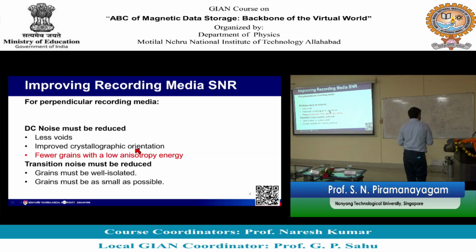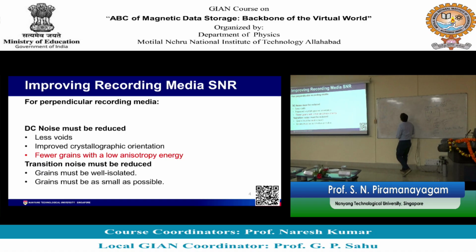In the case of longitudinal recording, you want to make the magnetization in plane. To achieve that, we grow some underlayer, we learned, right. The underlayer helps to keep the easy axis in plane.